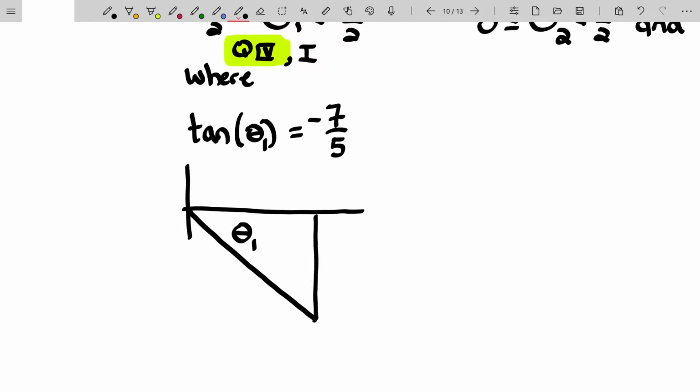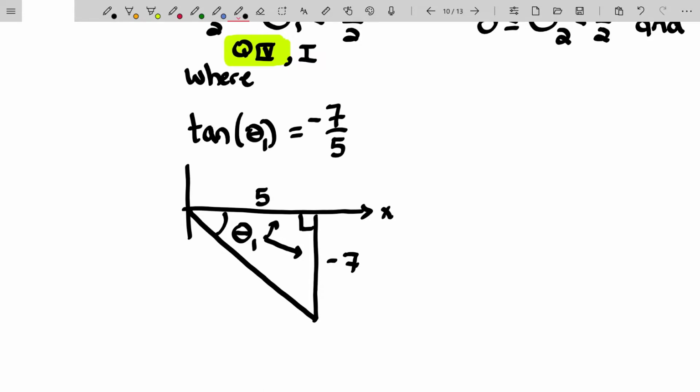I happen to know that the opposite of that angle theta 1 over the adjacent is going to be a negative 7 over 5. We have to just decide which of those two is the negative side, but it should be somewhat obvious. The x value is positive in quadrant 4, but the y value is negative.